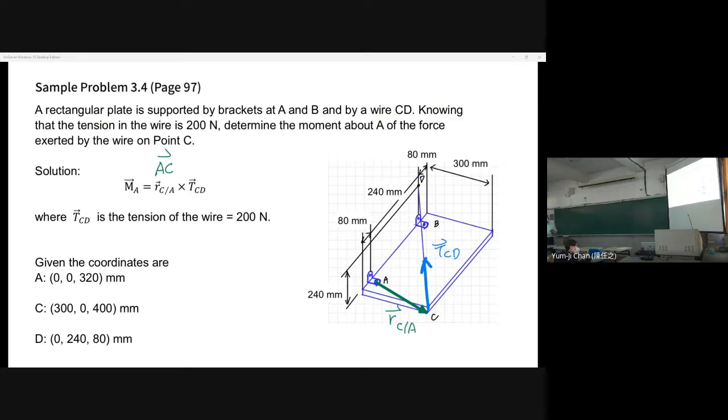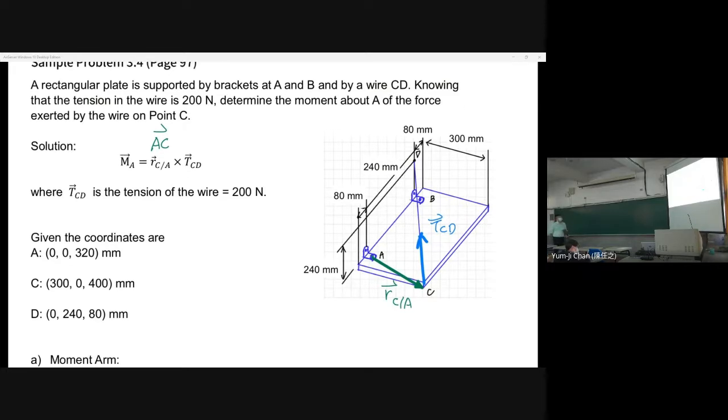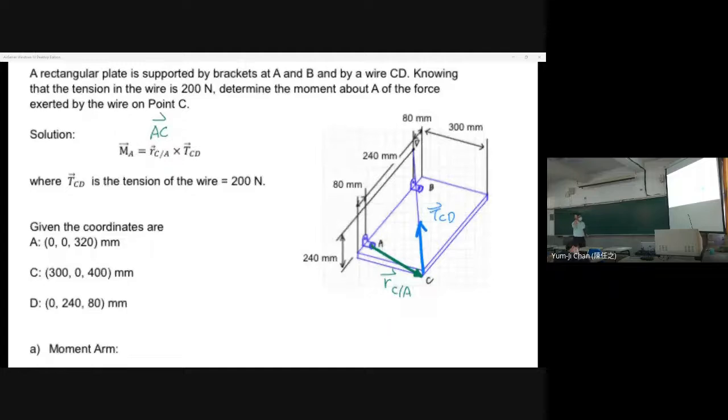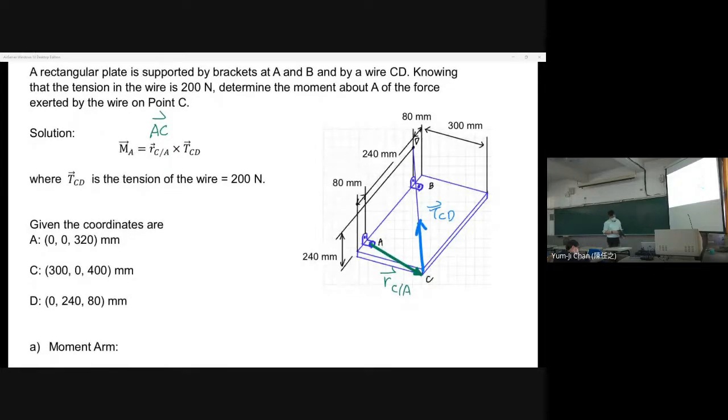So we need to determine this, right? So what do we know here?